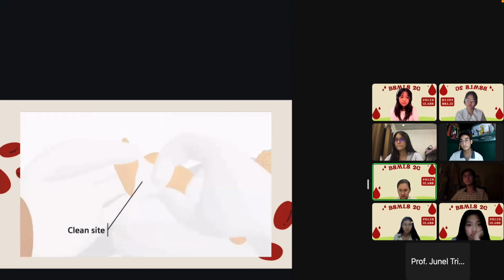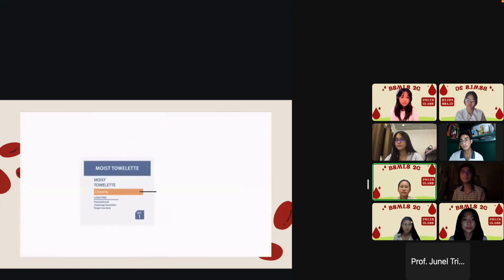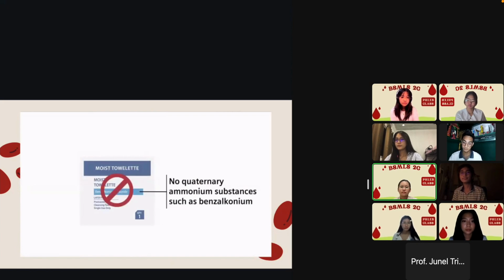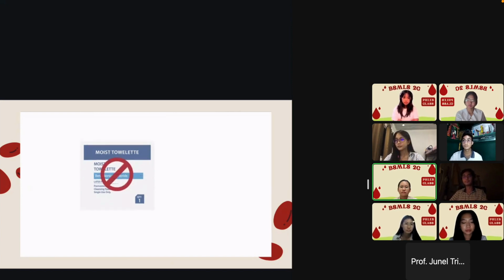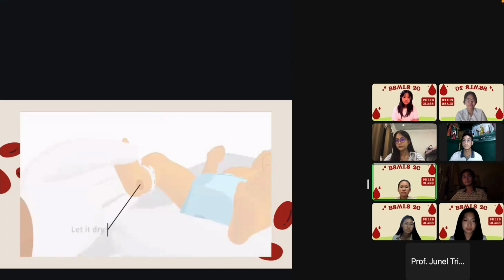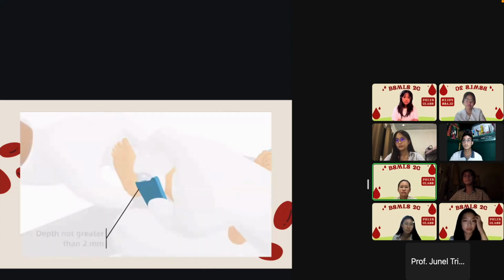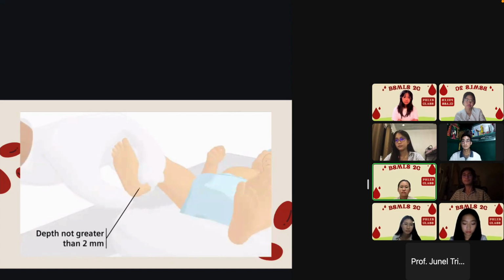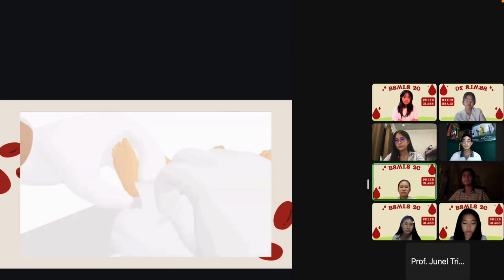Clean the puncture site. Do not use a skin cleaning wipe that contains quaternary ammonium substance, such as benzalkonium, as it may affect the electrolyte parameters reported, particularly sodium. Let it dry. Puncture the skin with a disposable lancet to a depth no greater than 2.0 millimeters.